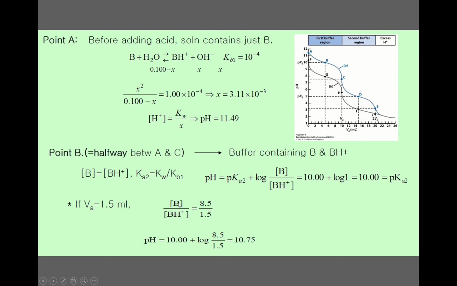So we can calculate the ratio. We don't need to calculate any volume, since we need only this concentration ratio. From this titration curve we can easily find the ratio, which is 8.5 divided by 1.5. So the pH becomes 10.75.